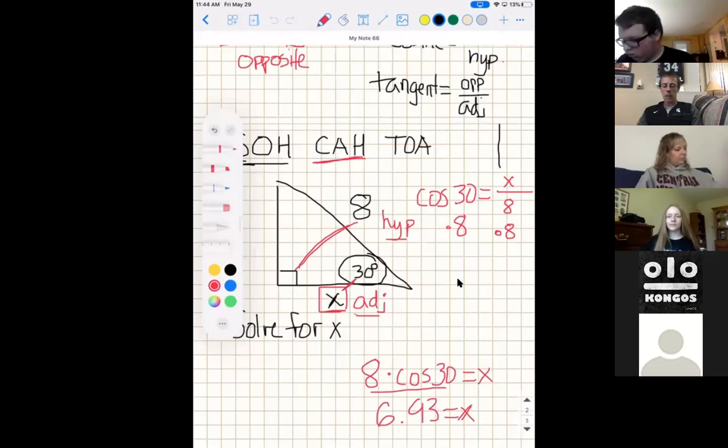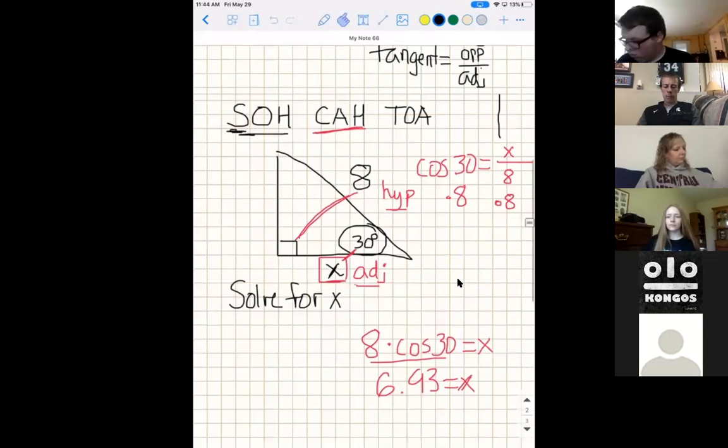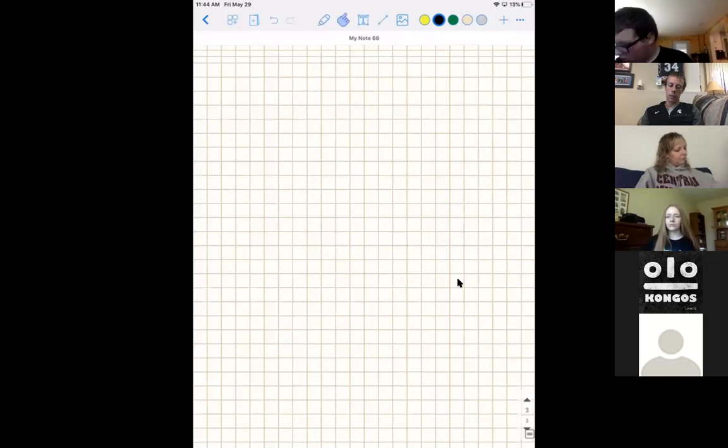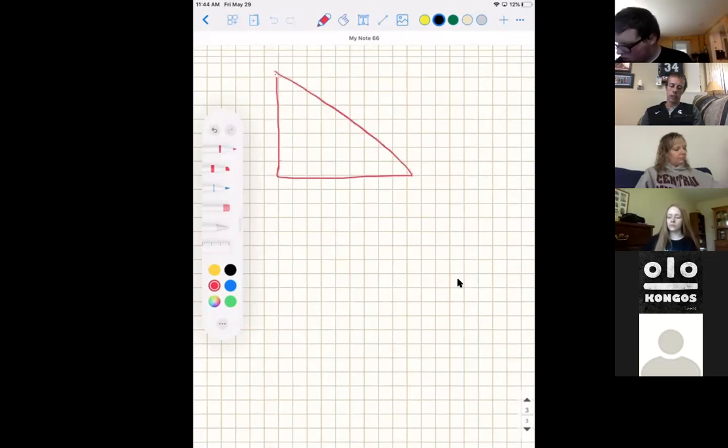Let's do one more, and I'll give you guys a chance to get started on it, and then I'll catch up. I'll let you get a head start on me. Here's going to be our triangle, and we'll draw on our right angle. This is going to be a 45-degree angle.